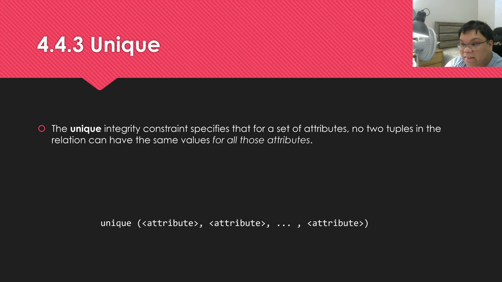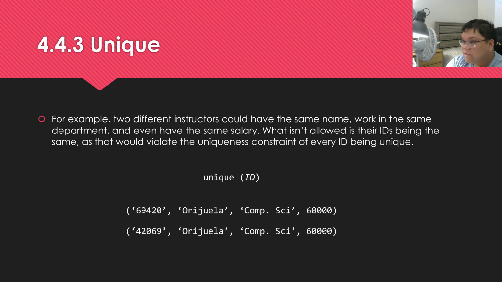The unique integrity constraint specifies that for a set of attributes, no 2 tuples in the relation can have the same value for all those attributes. So here's an example. Okay, so if we added unique ID to the instructor table, it means every instructor must have a unique ID.